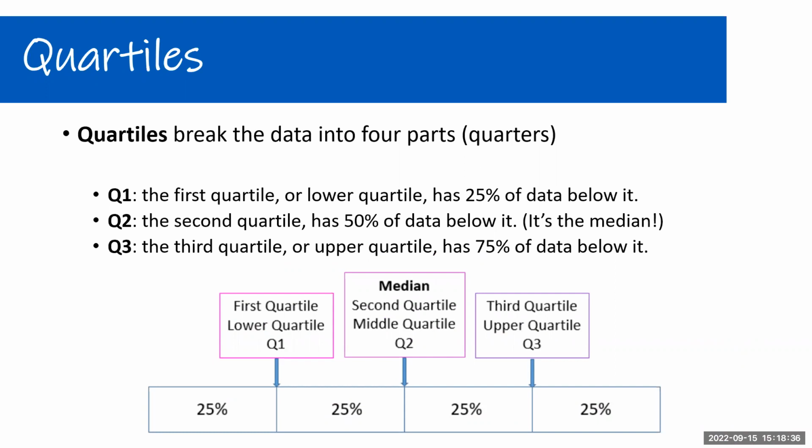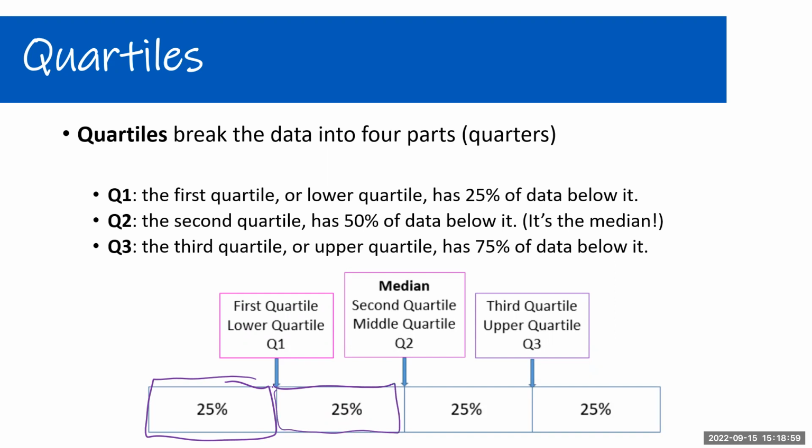So our 3 quartiles are Q1, Q2, and Q3. And Q1 is the lower quartile, the first quartile. And it has 25% of data below it. Q2 is actually our median. It's where that 50-50 break is. So Q2 is the median, 50% is below.